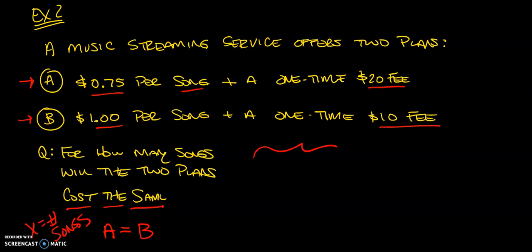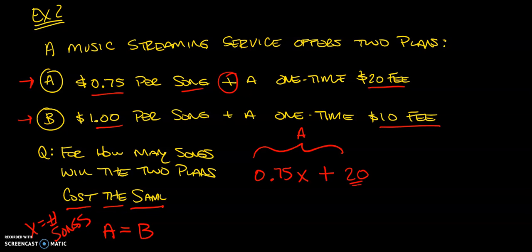Let's just work with plan A. We know that it's 75 cents per song. That's multiplication, so that's going to be 0.75x. If x equals 1, one song is 75 cents. x equals 2, that's going to cost me $1.50. Plus a one-time fee of $20. There's your constant, that constant I was just talking about a moment ago.